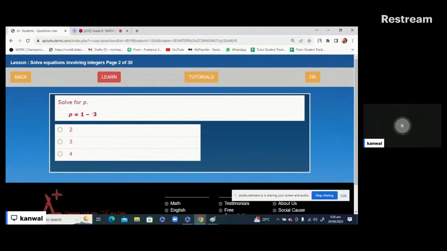If there are two minus signs, minus minus becomes plus. It's 4. Good.